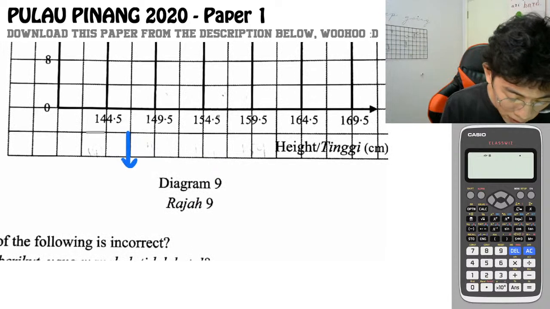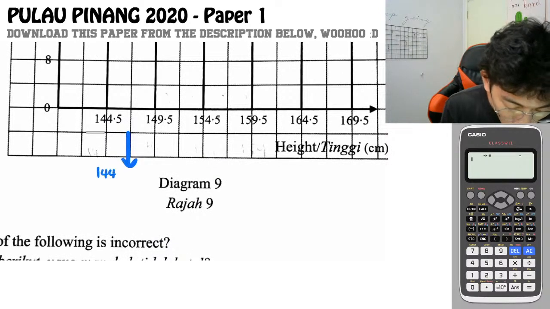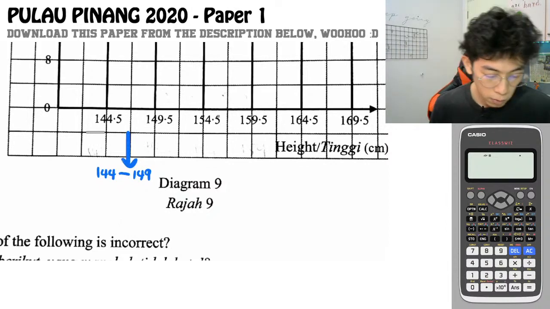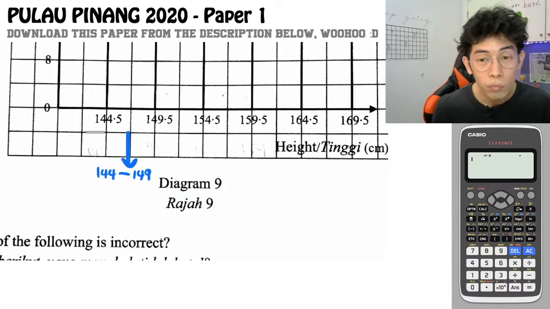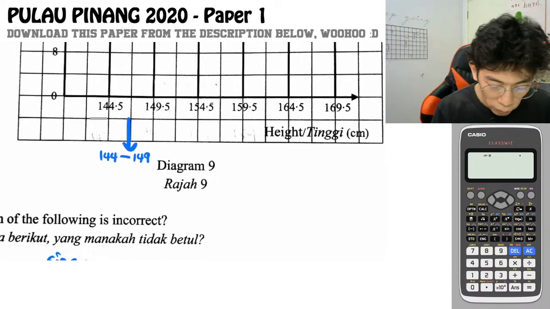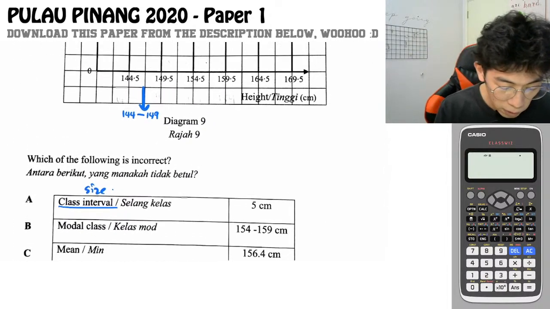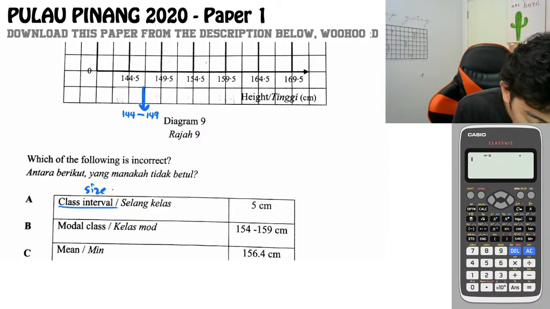Everyone, the first class is 144 to 149. Is that true? Is that correct? 144 to 149? You must know something. Originally, when you look at your class, this one is your lower limit, this one is the upper limit, then this one is the lower boundary and upper boundary.